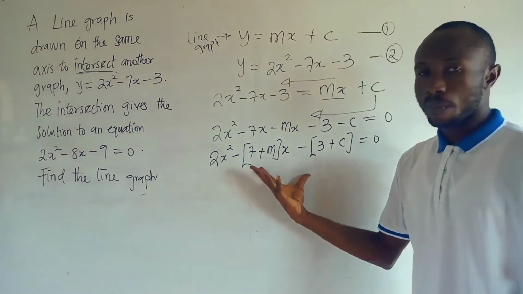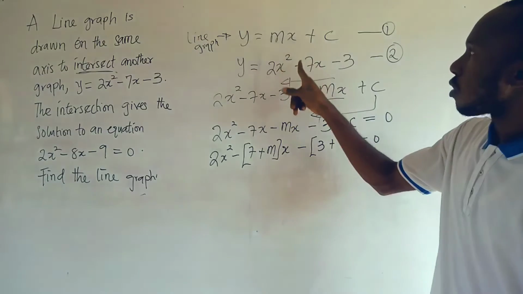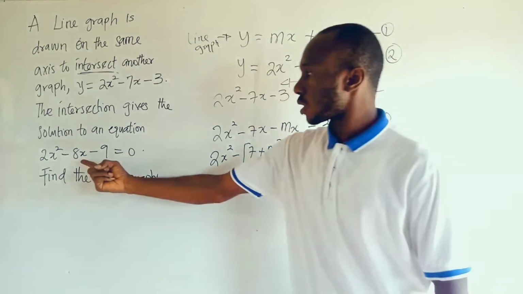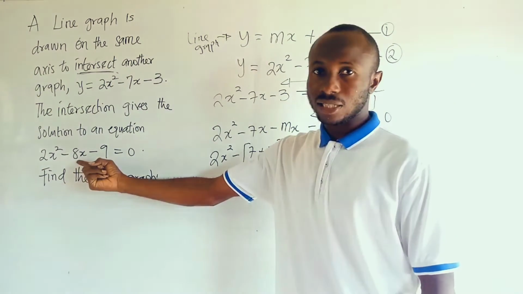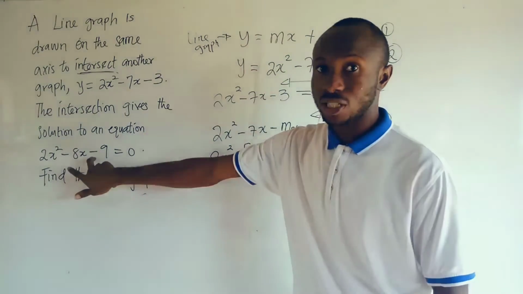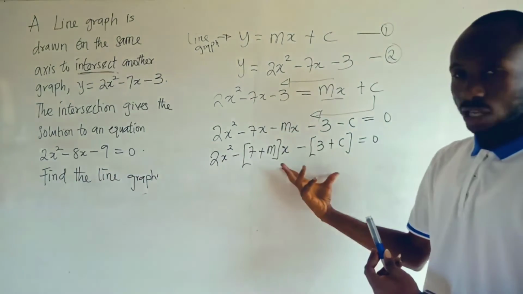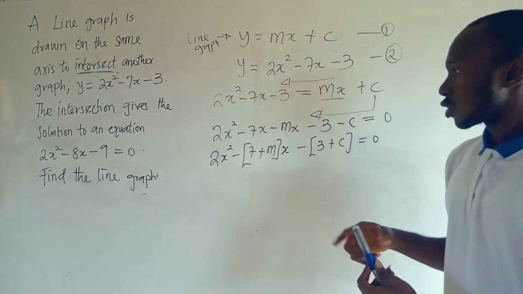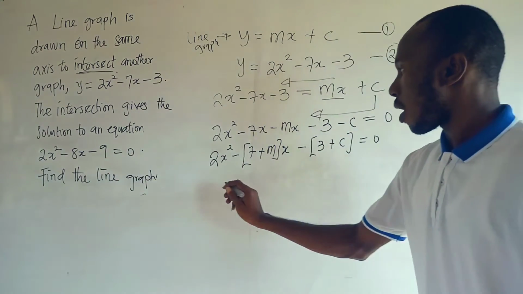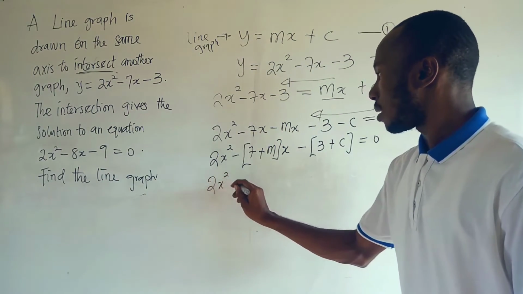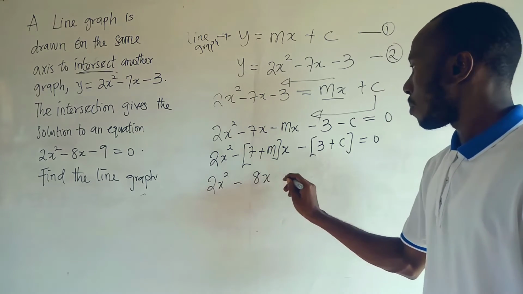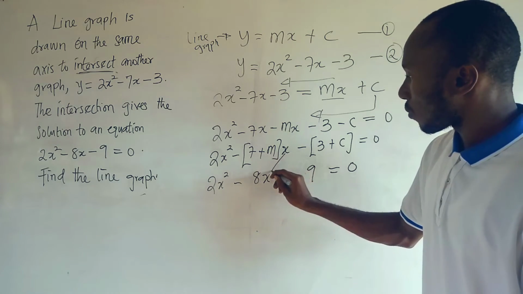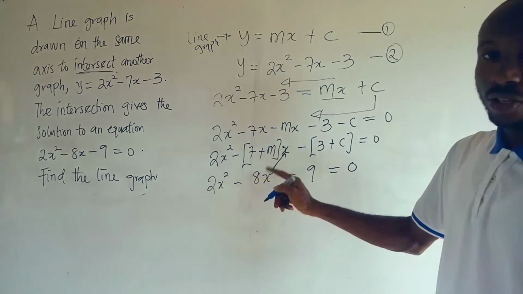Now this is the point where these two lines intersect. But remember, the question already told us that this is also the point where the two lines intersect. So I'm going to compare this equation that the question gave me and the one I got, so that I can find the value of n and the value of c. Comparing these two equations, I have 2x² - 8x - 9 = 0.